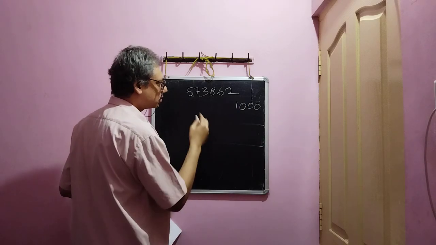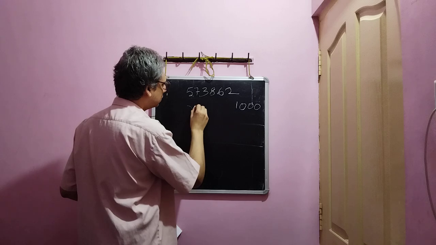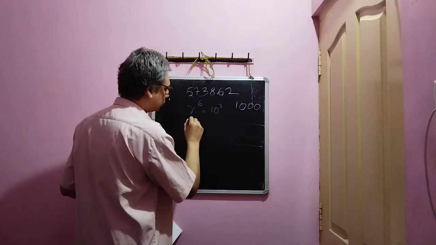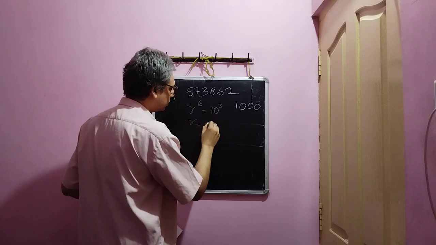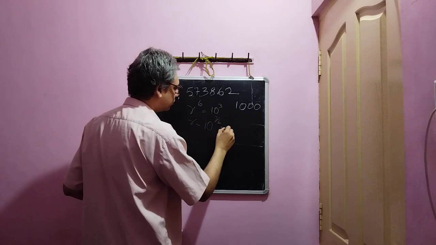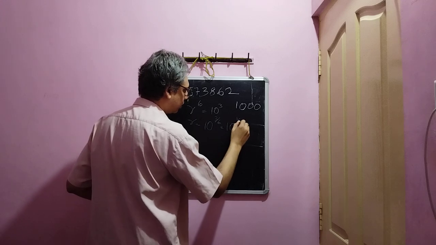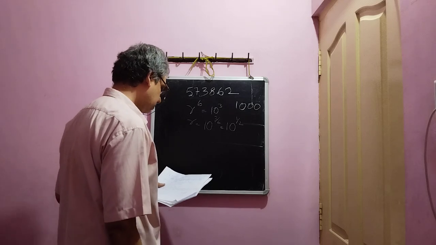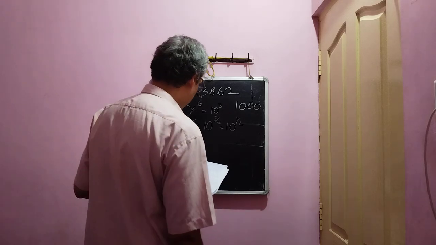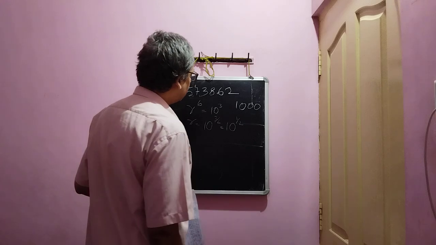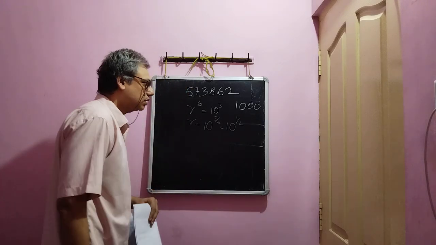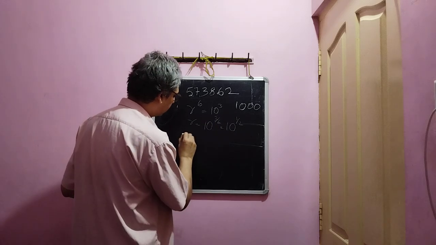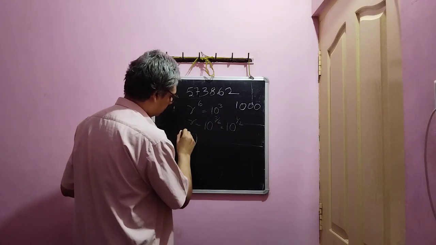So since this is a 6-digit number, therefore I take r power 6 equal to 10 cube. So r will be equal to 10 power 3 by 6 equal to 10 power 1 by 2. Here, because it is exactly half, what happens is the unit increment will be root 10 now.